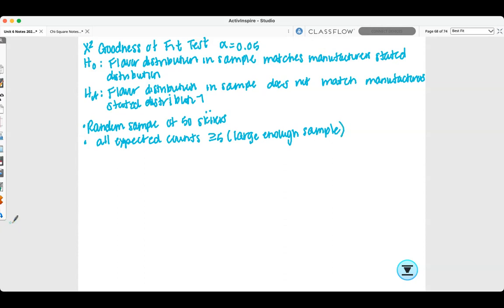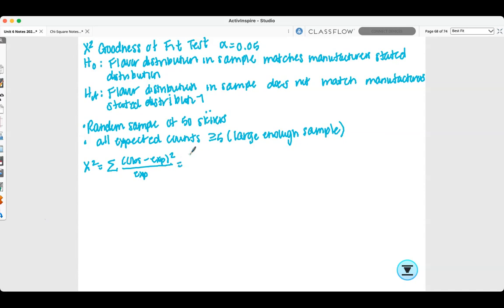So now we need to show how to find the chi-squared statistic. Your chi-squared statistic from that formula that we wrote is the sum of all my observed minus my expected, squared, all over expected.